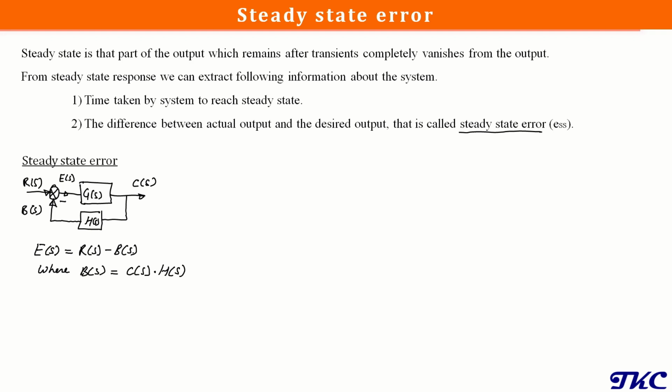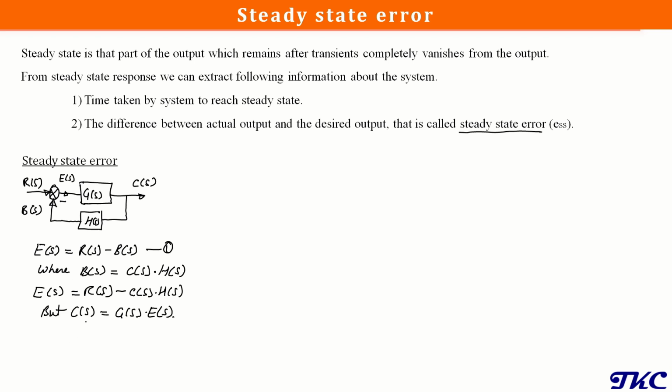Now let's substitute this B(S) in this equation, say it is equation 1. We'll be rewriting this equation as E(S) equal to R(S) minus C(S) into H(S). Similarly, we can also write C(S) in the form of the transfer function G(S) and E(S). So we can say that C(S) is G(S) into E(S).